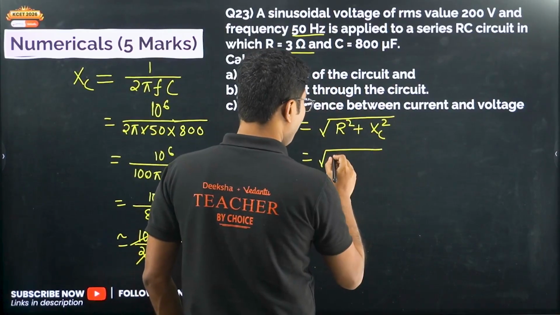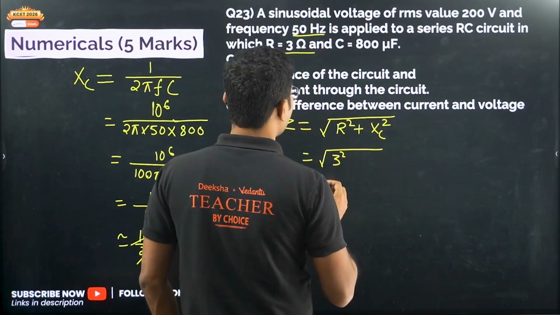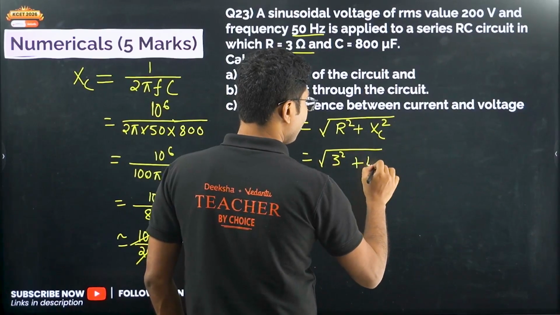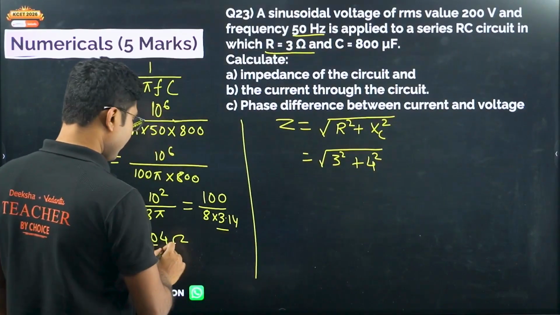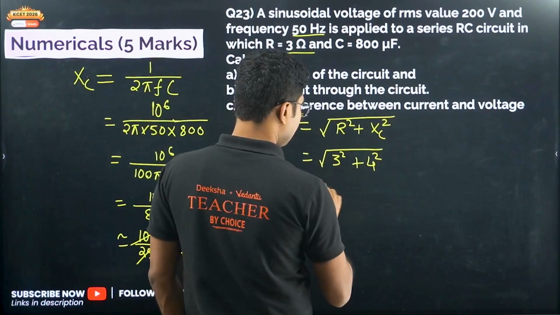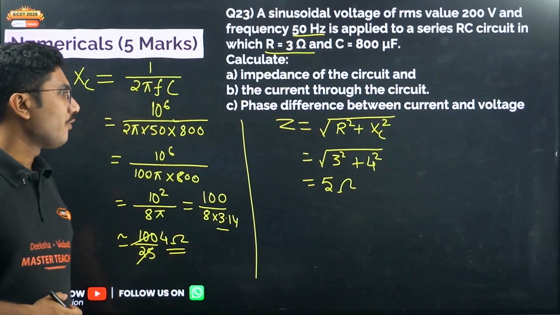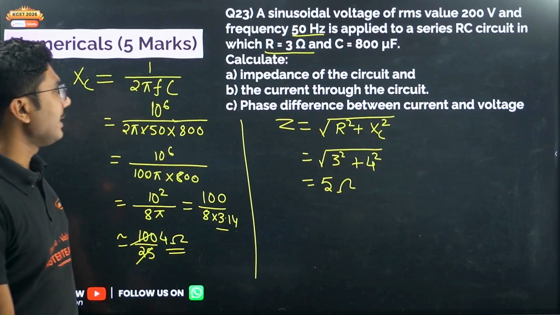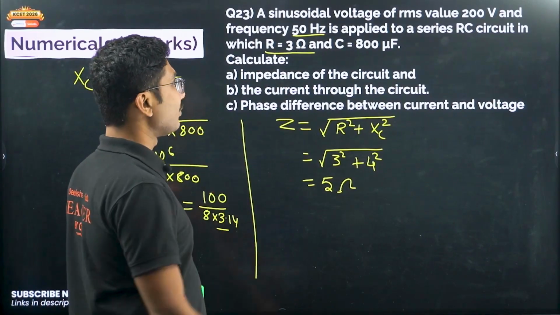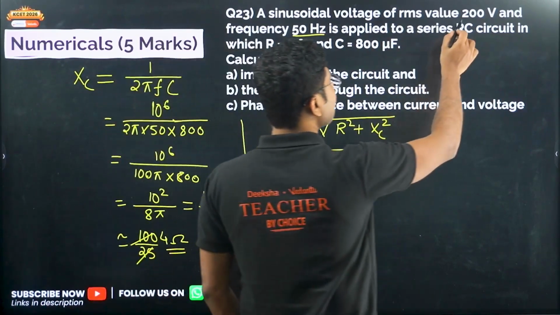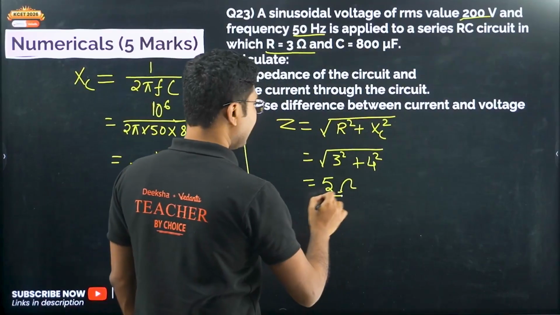R is 3 ohm. Okay, and XC is 4 ohm. So we calculated over here 4. So it is 5 ohm. 3 square plus 4 square is a common value, 5 ohm. So impedance is calculated, now the current through the circuit. So what is the current? Voltage is given 200 volt, Z is 5 ohm.